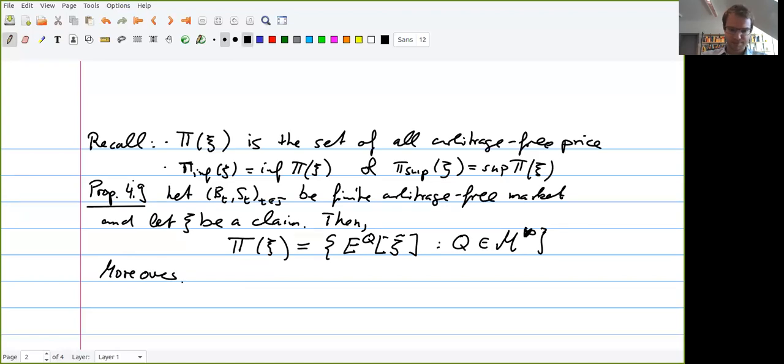If we can prove this equality here, then the infimum of the arbitrage-free prices is given by the infimum over all equivalent martingale measures Q star of the expectation of the discounted claim.